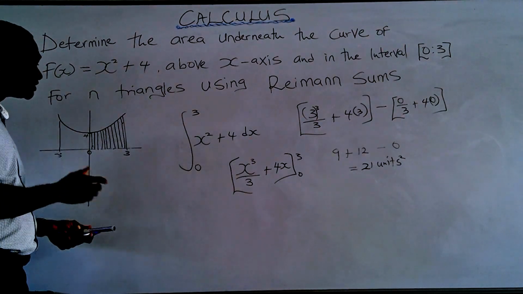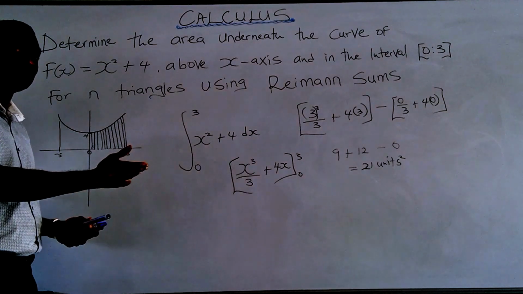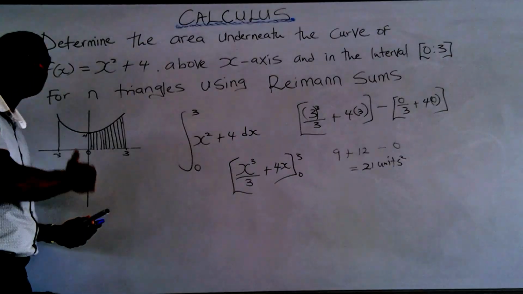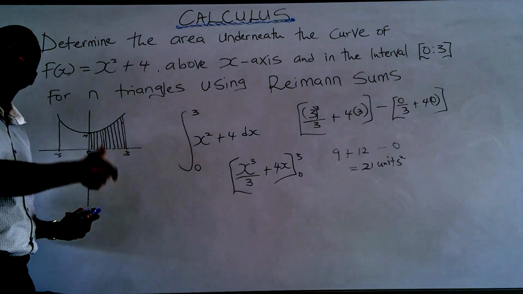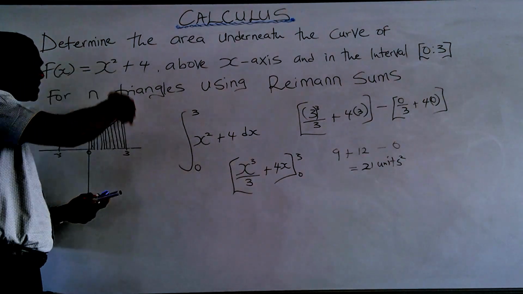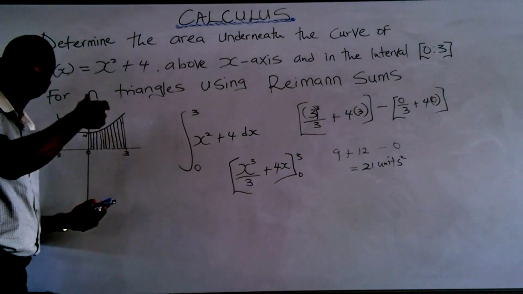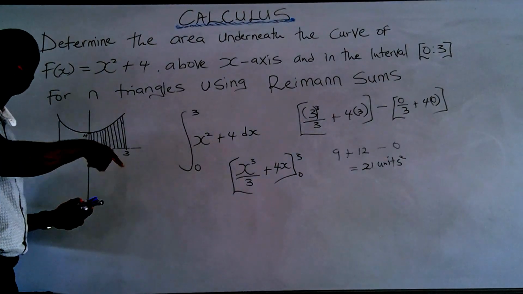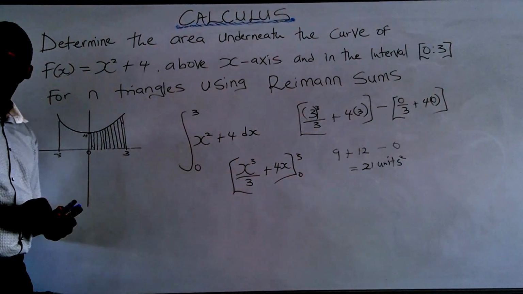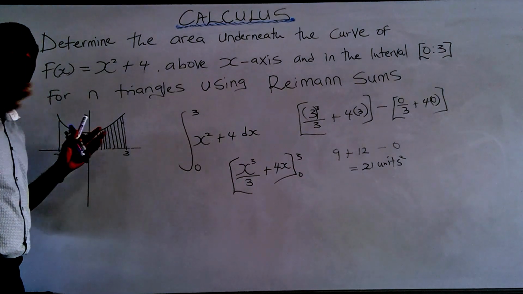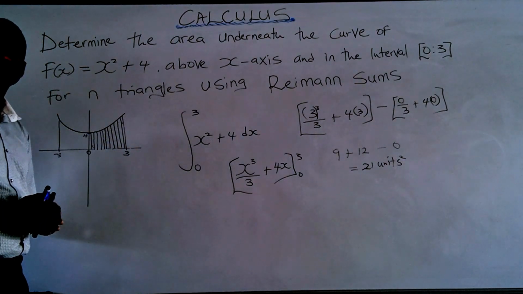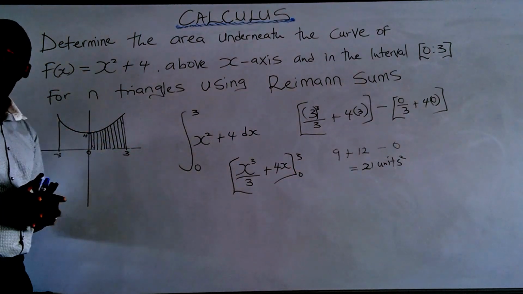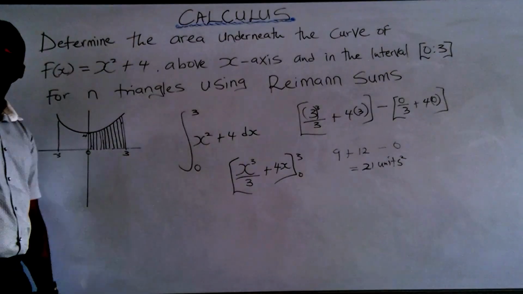So we calculate the area of each rectangle, length times breadth, where f of x, the y value, represents the length and the x value represents the breadth. When you add all of them together, that gives us the area of that section.